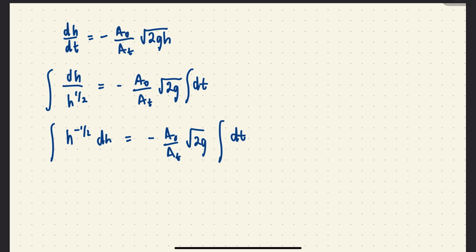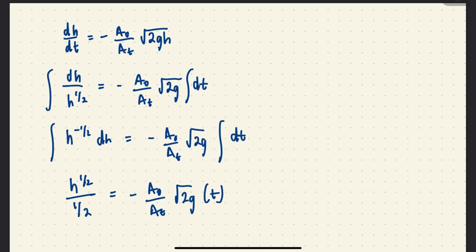So this will be the integral of h raised to negative 1/2 will give us the result, which is equal to negative A sub O over A sub T, square root of 2g, and then multiplied by t.